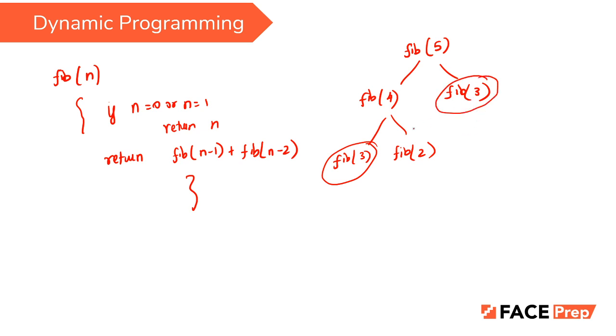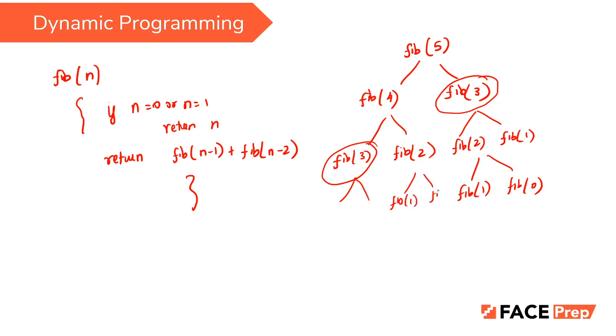Now, this is a recursion function, so it is going to call two more functions again and again, which means this is going to become fib of 2 and fib of 1, and this is again going to become fib of 1 and fib of 0, and this continues. The problem with this is that the time complexity is going to be exponential.